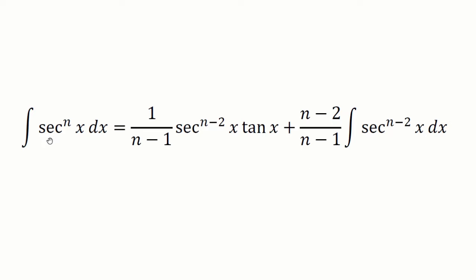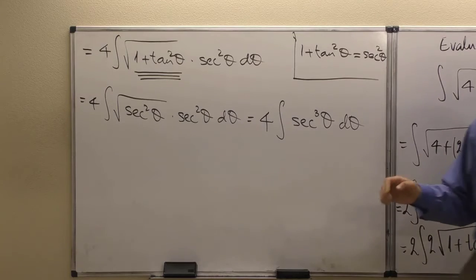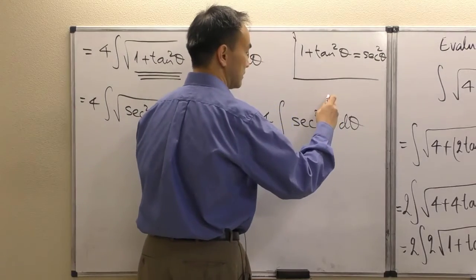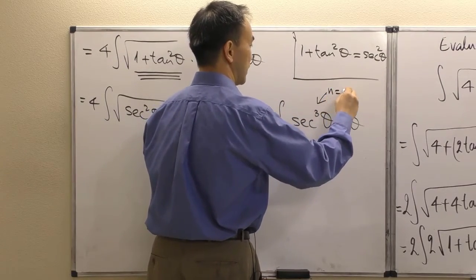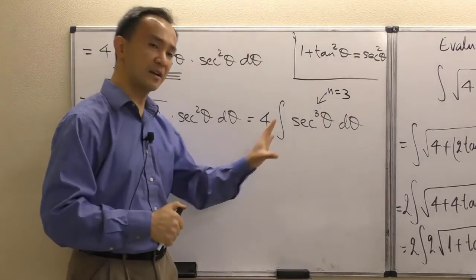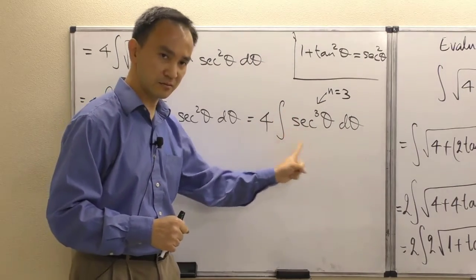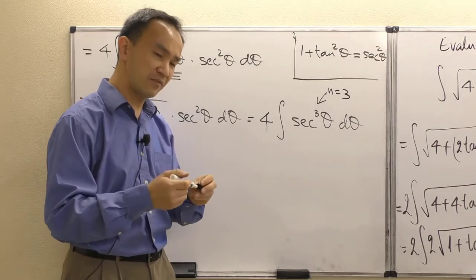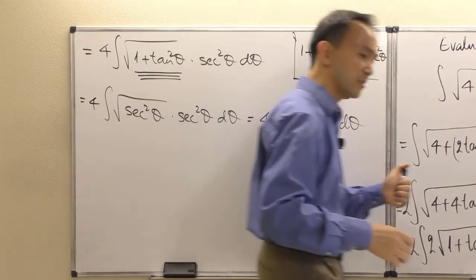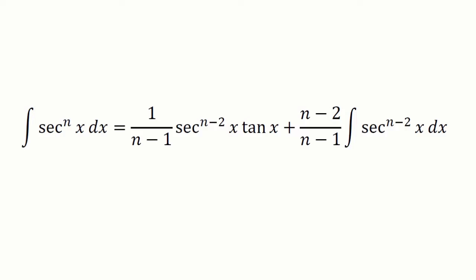Generally, if secant is raised to a power n, in this case n equals 3. So we can use that power reduction formula to get this integral done. Let's one more time have a closer look at that power reduction formula, and feel free to pause the video to copy down the formula so that you can have a clear understanding of how I'm applying this.